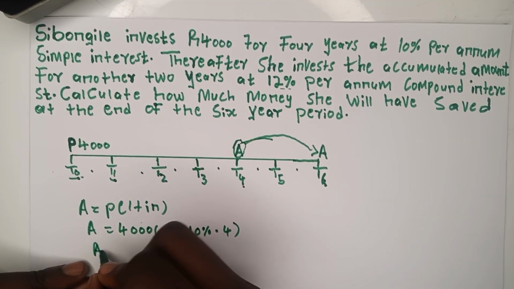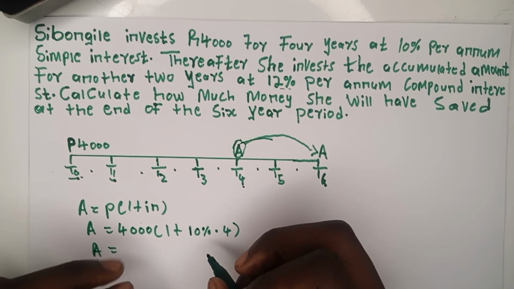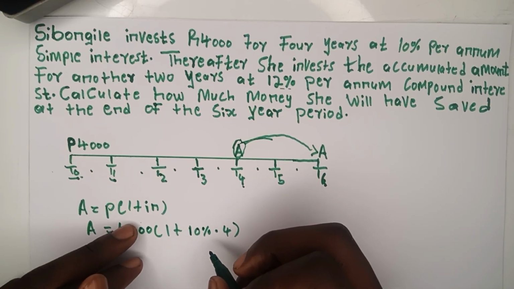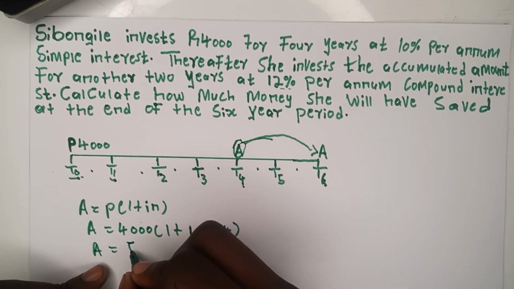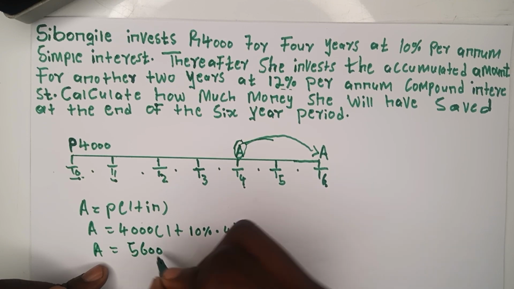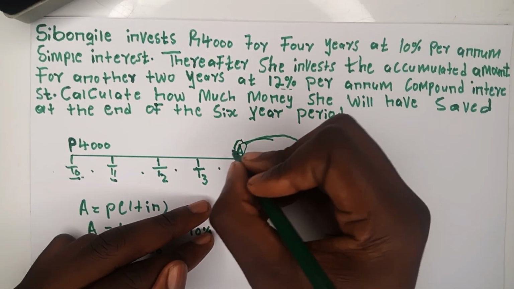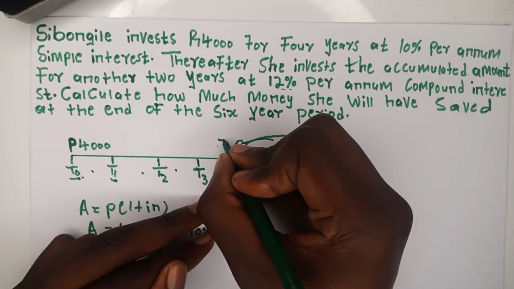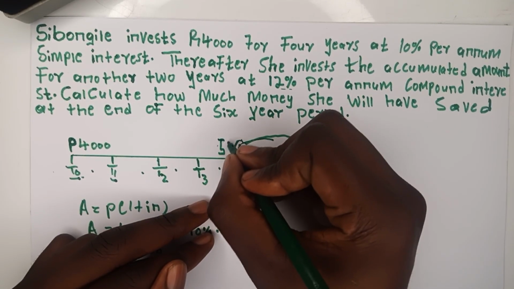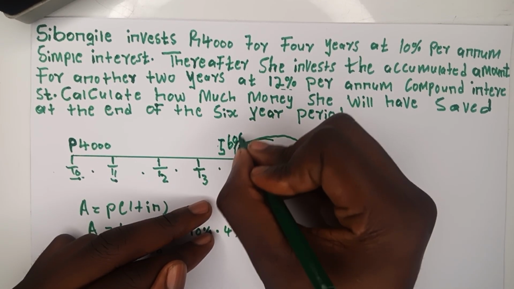And then A, after 4 years, is going to be 5,600. So meaning that after the fourth year, we actually have 5,600.